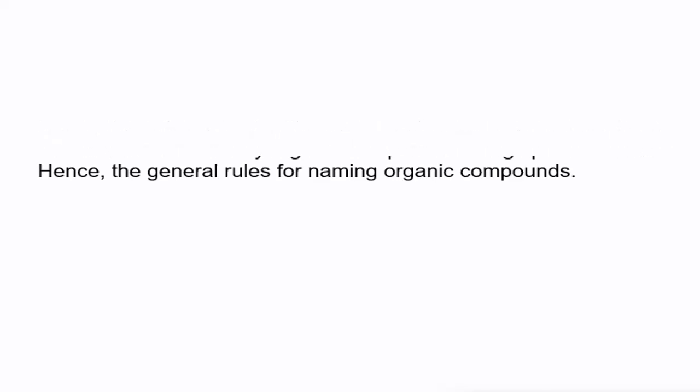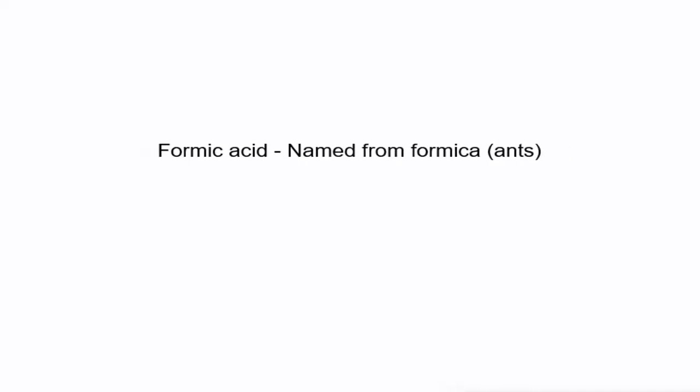So the earliest known organic compounds were actually named from their sources. For instance, formic acid is named from Formica, which is an ant. Hence, organic chemists soon realized that this would lead to memorizing several thousands of names.